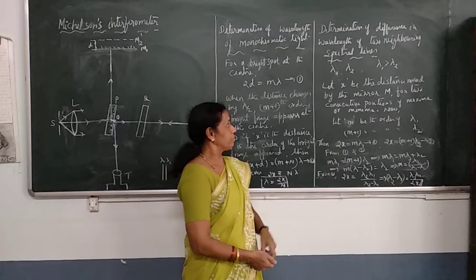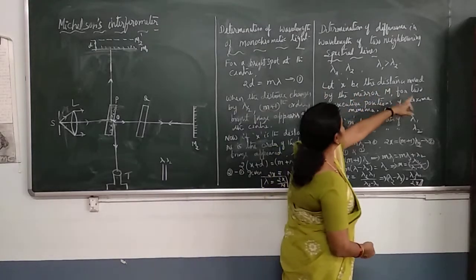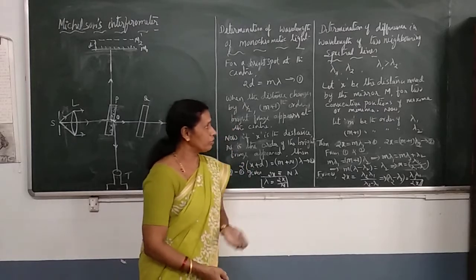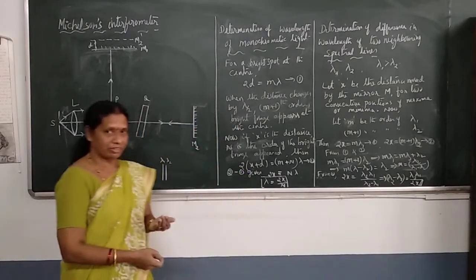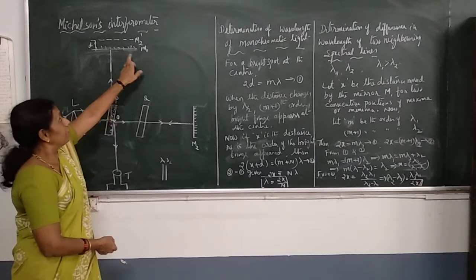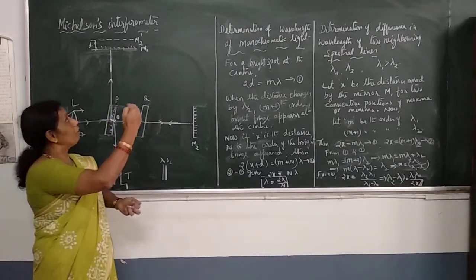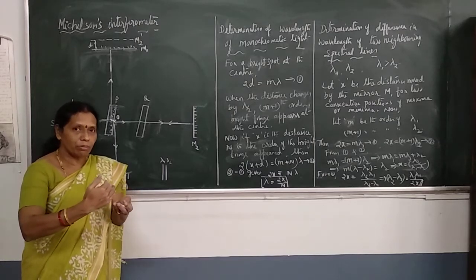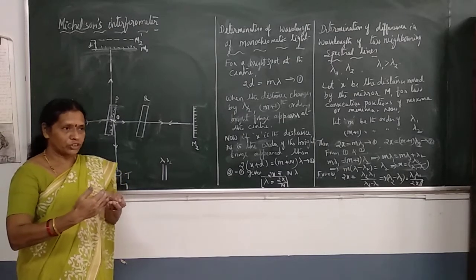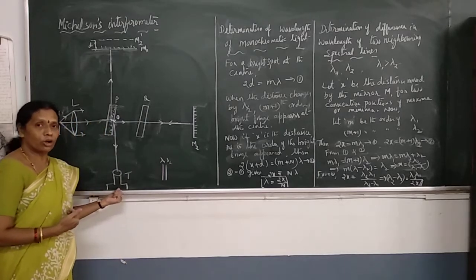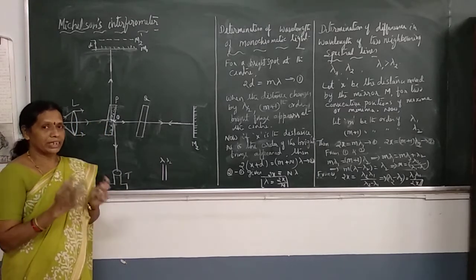The method is: let x be the distance moved by the mirror for two consecutive positions of maxima and minima. In the interferometer, with the same procedure, let M1 be moved slowly away from M2 dash. As we move M1, at one position the field of view in the telescope becomes completely bright.